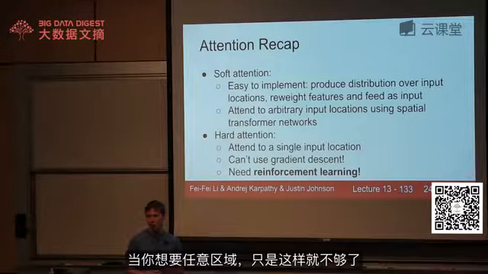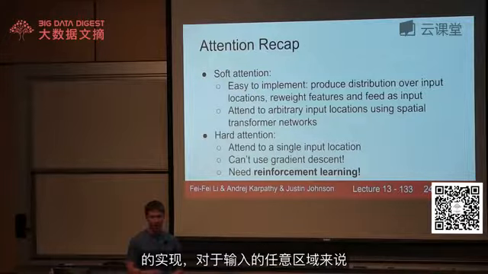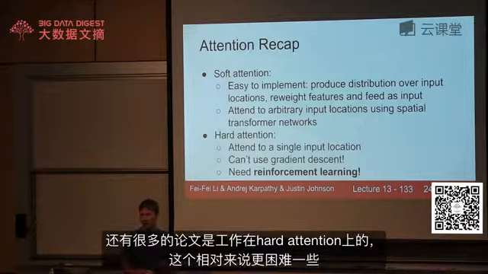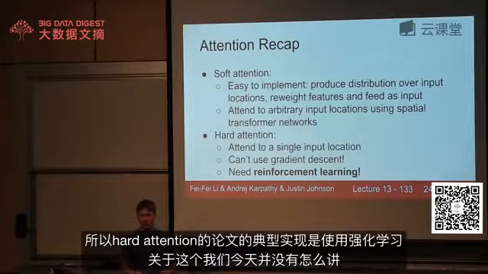When you want to attend to arbitrary regions, you need to get a little bit fancier, and I think spatial transformers is a very nice, elegant way of attending to arbitrary regions in input images. There are a lot of papers that work on hard attention, and this is quite a bit more challenging due to the problem with the gradients. Hard attention papers typically use reinforcement learning, and we didn't really talk about that today.